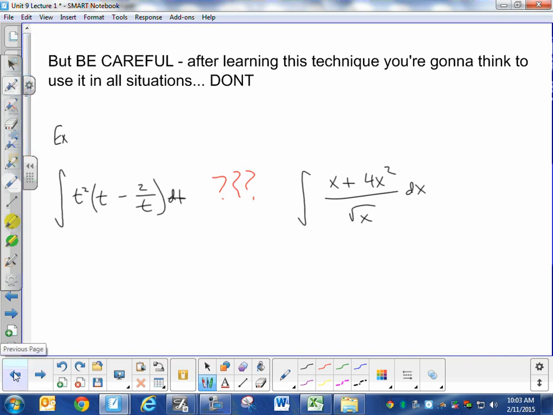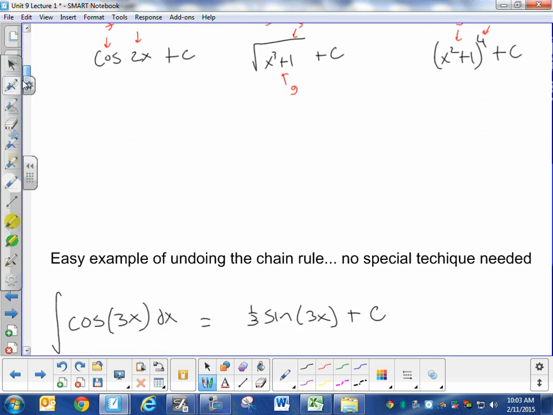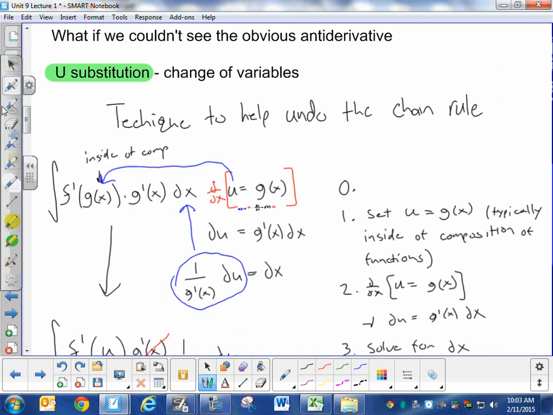Step 0, go back to your instructions. Step 0 is to always attempt to simplify first. This is the most important step.